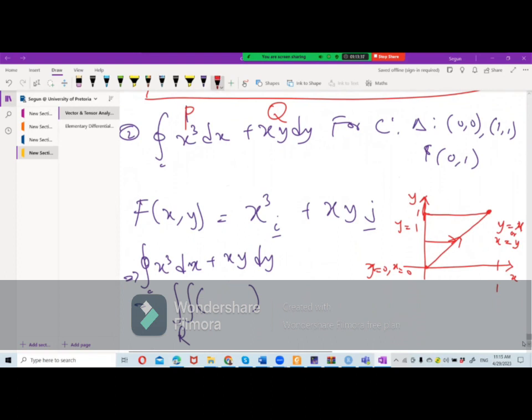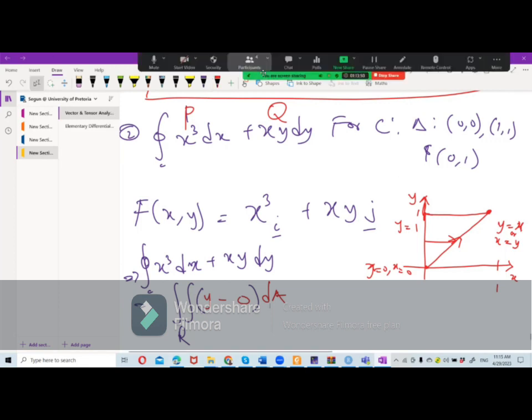So we have it to be y minus 0 dA. How many of us agree with me? Raise up your hand. Let's see. If you agree, let me see your hand.